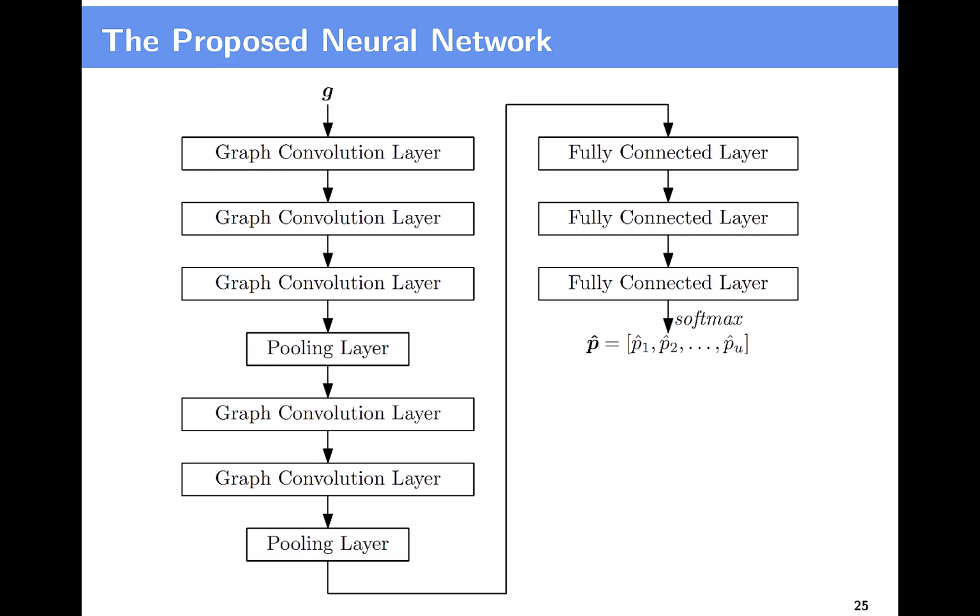For the details of the proposed neural network, we use several graph convolution layers and pass through a pooling layer in order to combine a group of nodes, a cluster of nodes, together to form a smaller graph and apply a graph convolution layer again before we combine using another pooling layer to combine them into one vector.